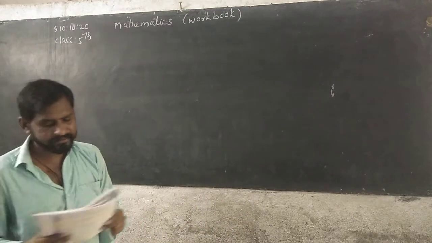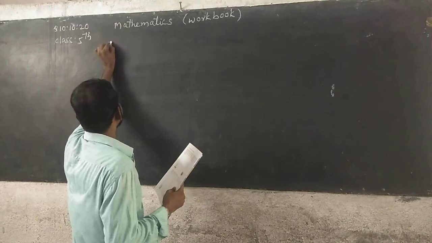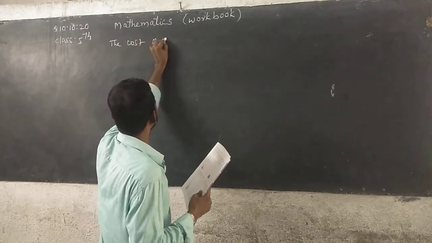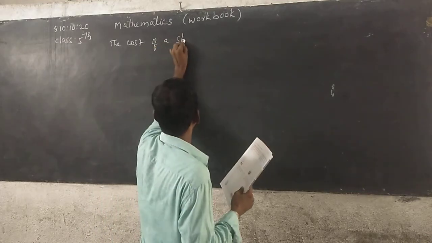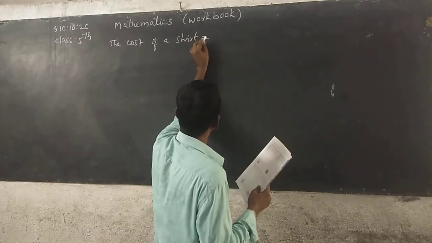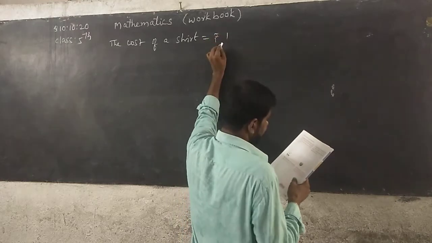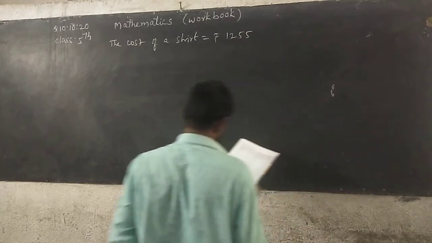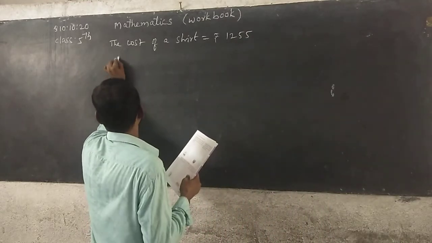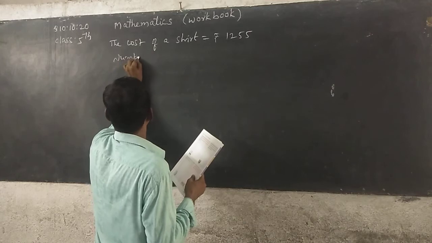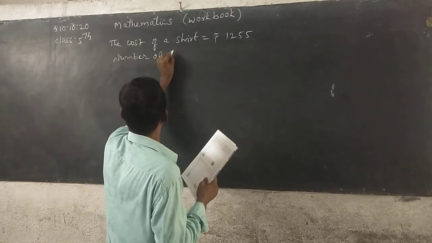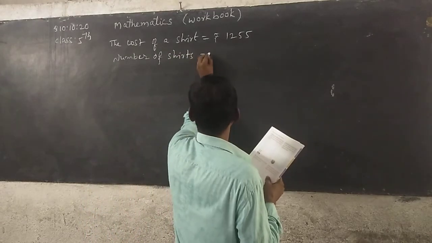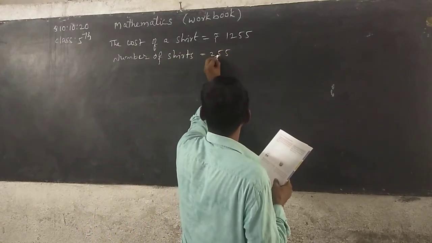See here, the cost of a shirt is equal to 1255. Number of shirts is equal to 255.